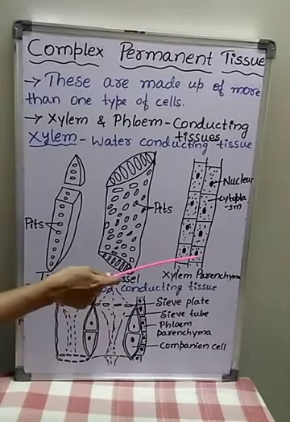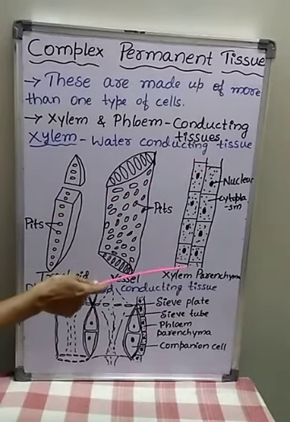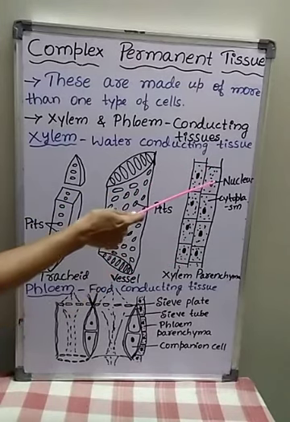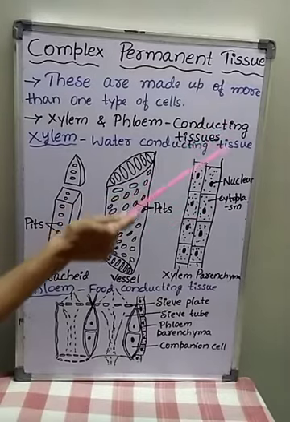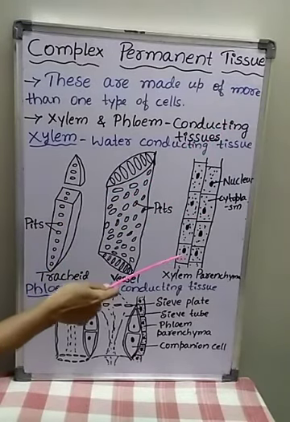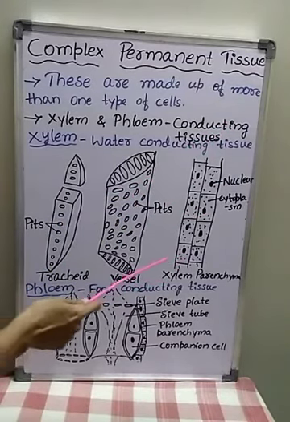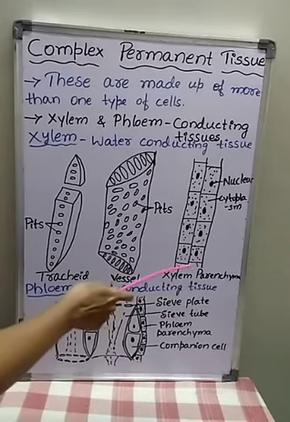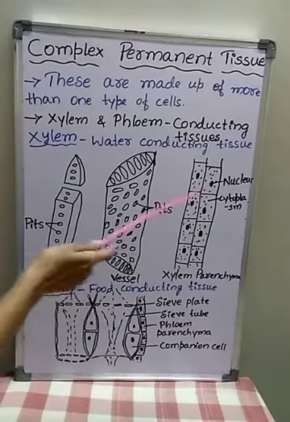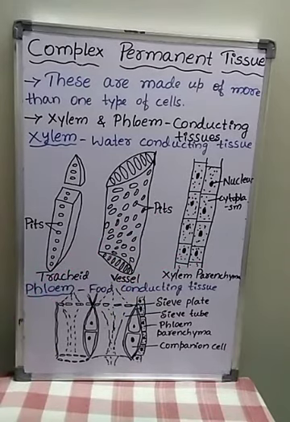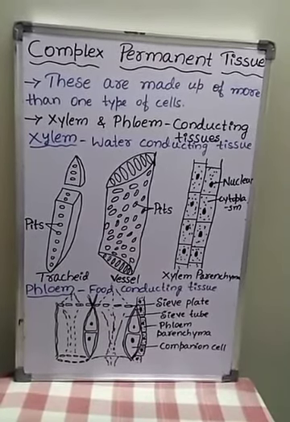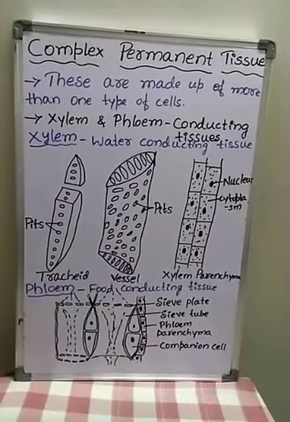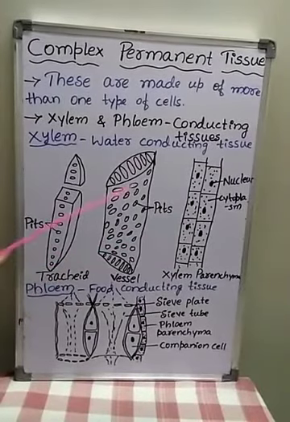Xylem parenchyma. See, this is the structure of xylem parenchyma. It contains nucleus and cytoplasm, and it is a living cell. The main function of xylem parenchyma is storage of food.